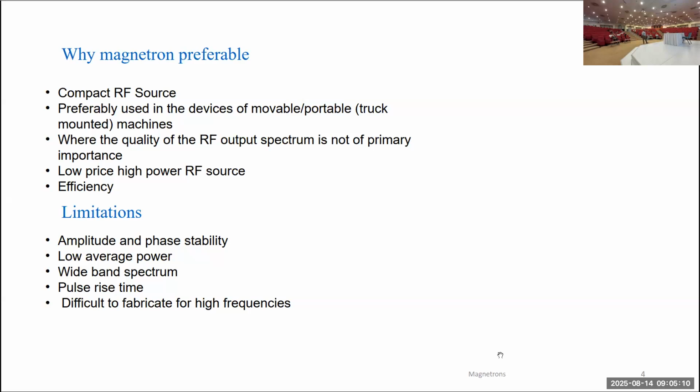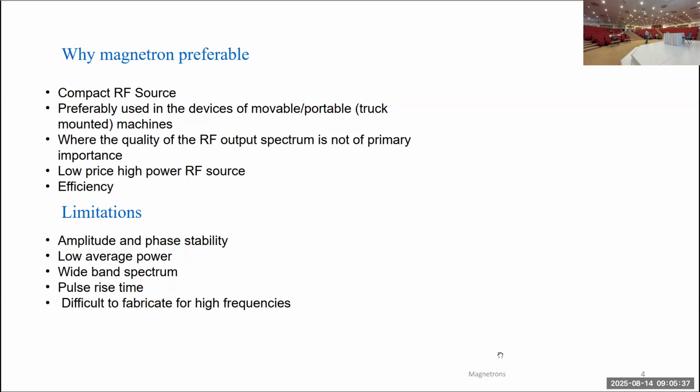The limitations are amplitude and phase stability. We shall discuss this in detail, because whenever a pulse is generated from the magnetron, it has every time a random phase. Secondly, we have its low average power.